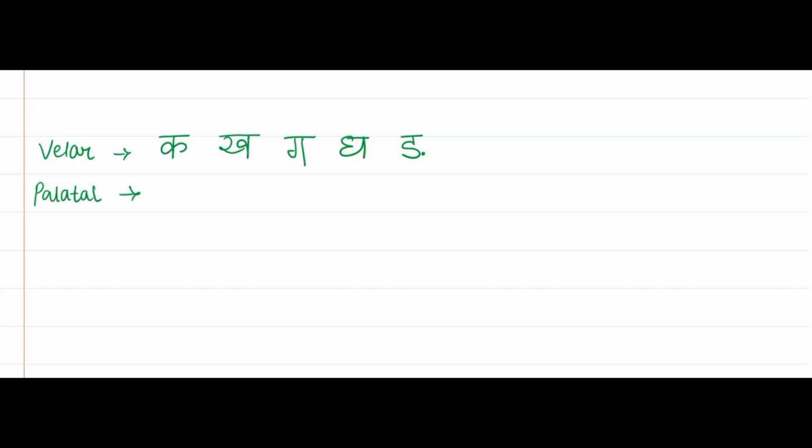In palatal, the front of the tongue is touching the roof of the mouth. So, for example, ch, unaspirated, chh, aspirated, j, unaspirated, jh, aspirated, nya, nasal.